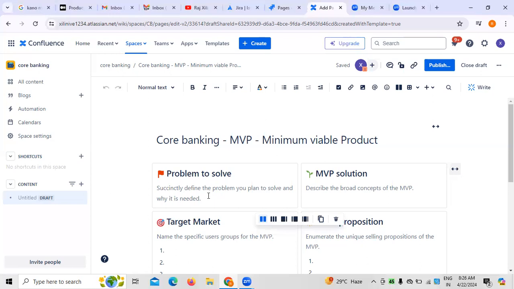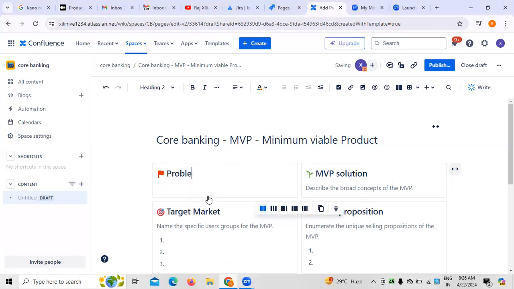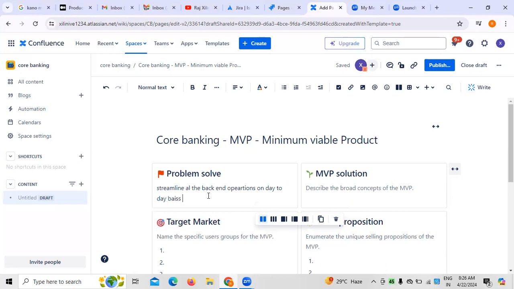The problem is to streamline all the backend operations on a day-to-day basis within the bank. This is the problem we are supposed to solve.